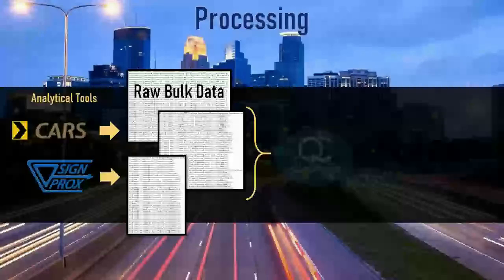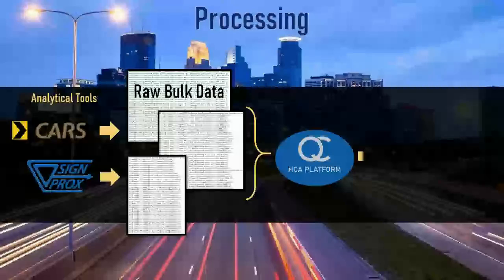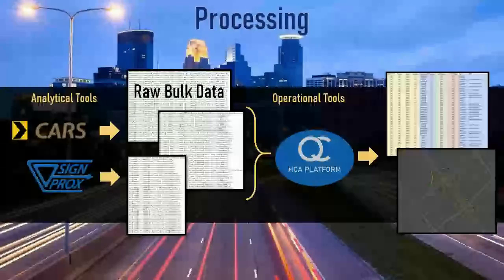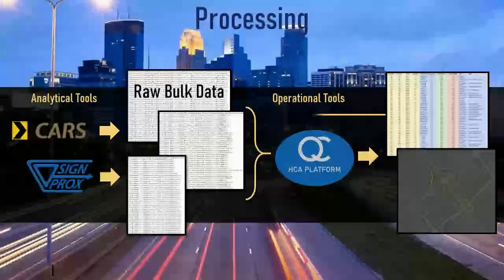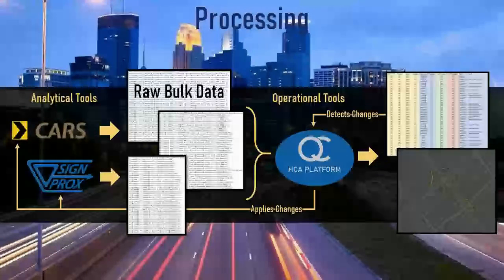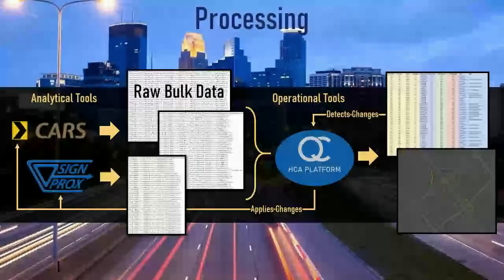And we've developed a pipeline that consumes those outputs and converts them into operational interfaces so that our analysts have a more holistic view of what's going on project-wide, and as importantly, can make edits in those interfaces that are detected and applied back into the software. So this gives us bulk data management and editing capabilities that are also significantly more efficient than what we would be capable of otherwise.